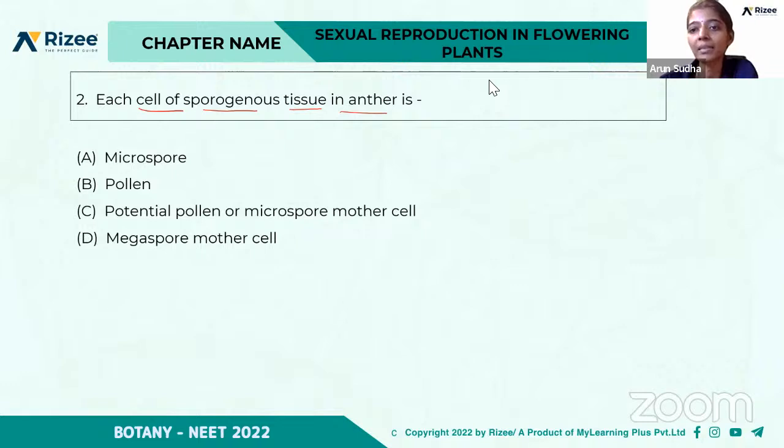Yes, C is the right answer because it is a pollen mother cell or a microspore mother cell. They undergo meiosis and form the microspore tetrad, right? So each cell of sporogenous tissue in anther is a potential pollen or microspore mother cell.